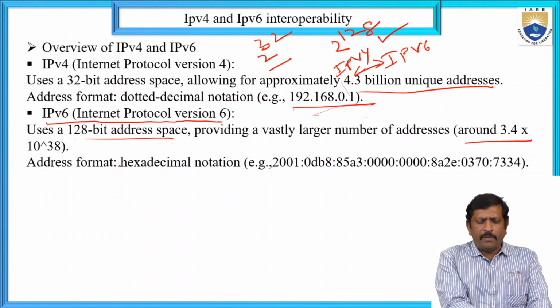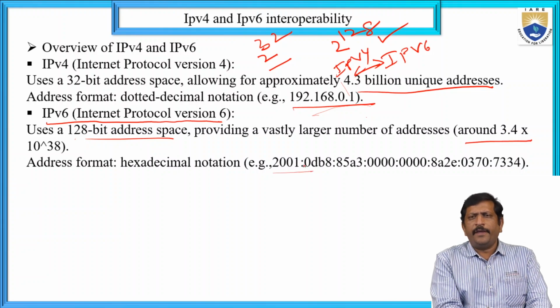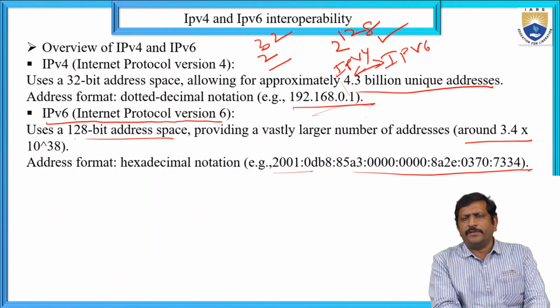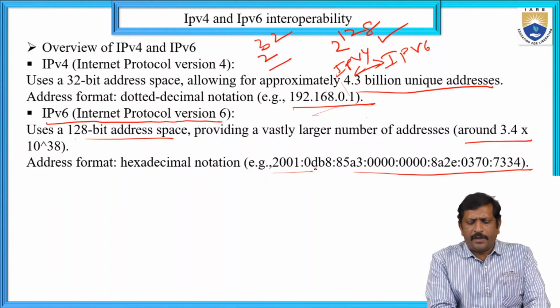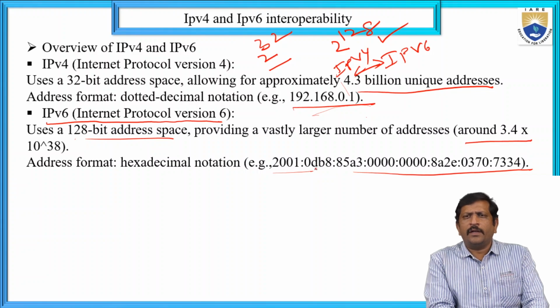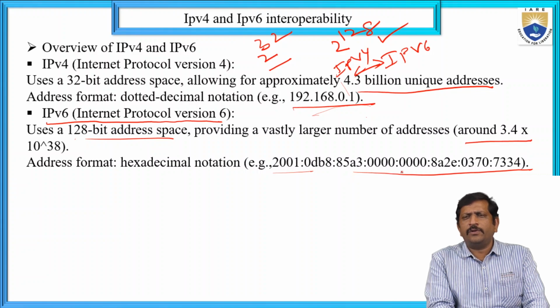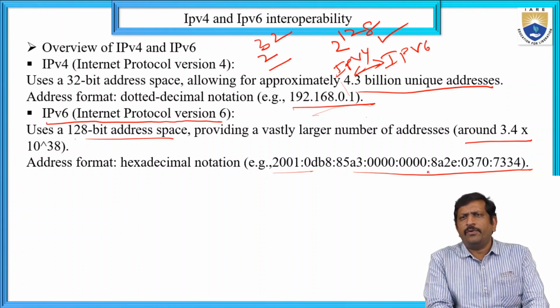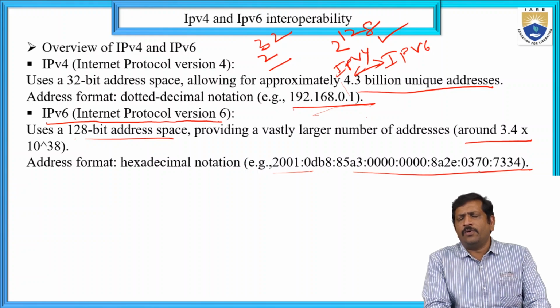This is the address format of IPv6. Here is an example: 2001:0DB8:85A3:0000:08A2E:0370:7334.